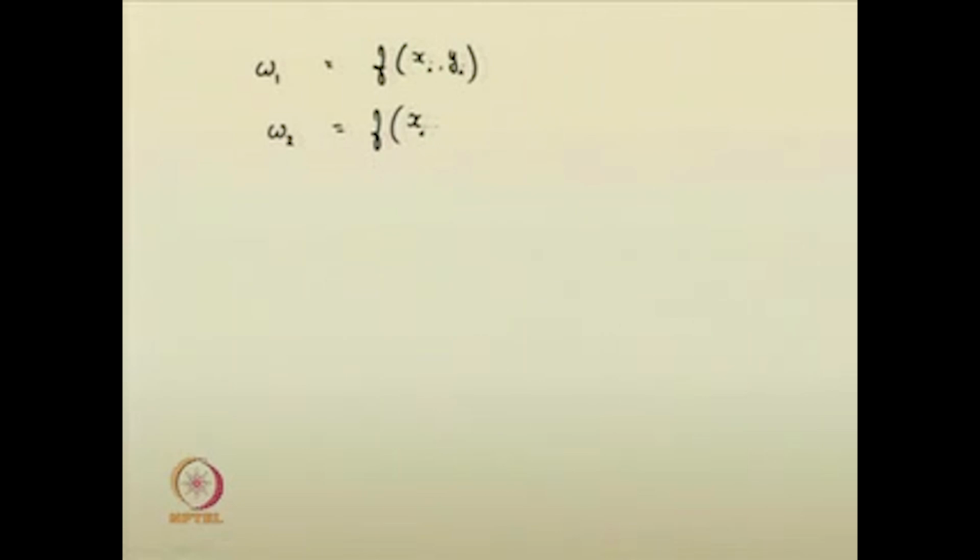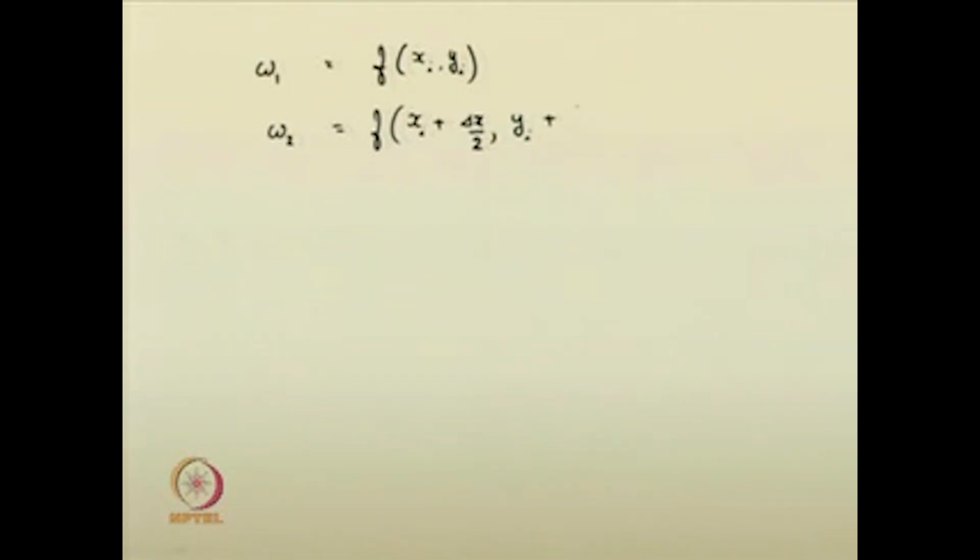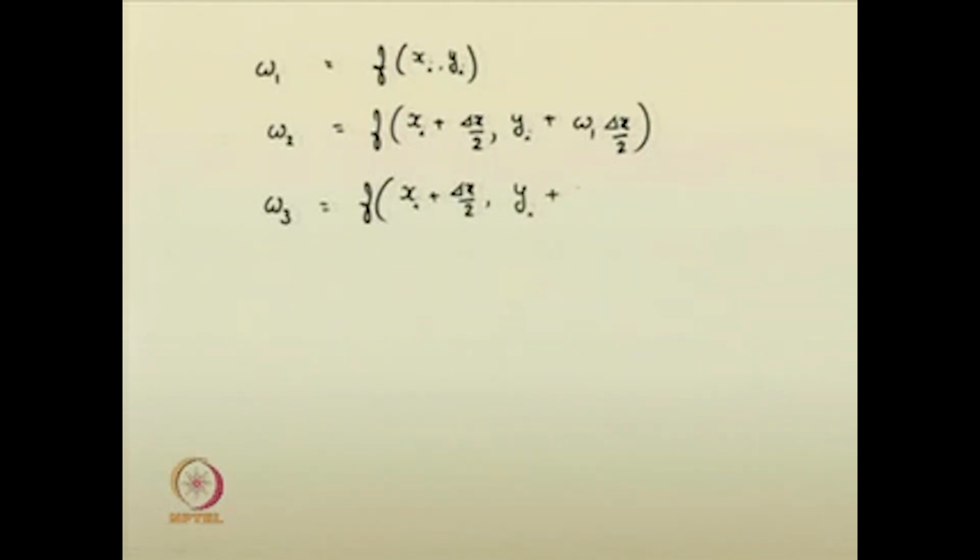Omega 2 is the slope of the water surface at the following location: xi plus del x by 2 and yi plus omega 1 del x by 2, where omega 1 is the slope computed at xi, yi. Similarly, omega 3 is the function, the slope at the location xi plus del x by 2 and yi plus omega 2 del x by 2.